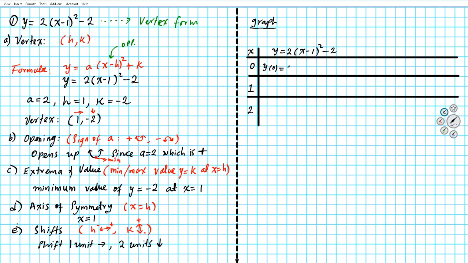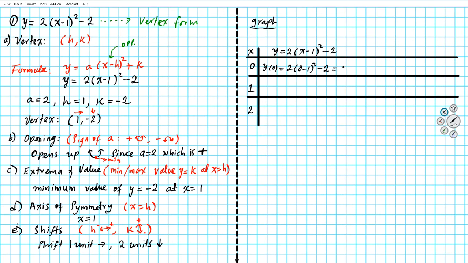So y of 0 is going to be 2 times (0 minus 1) quantity squared minus 2. We're now simply going to use PEMDAS to simplify this expression. For that, we have parentheses and an exponent, multiplication, and a subtraction.